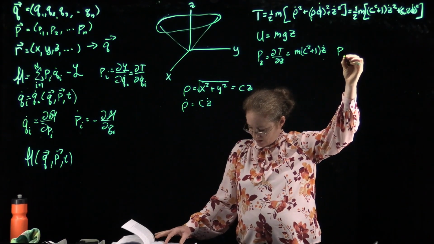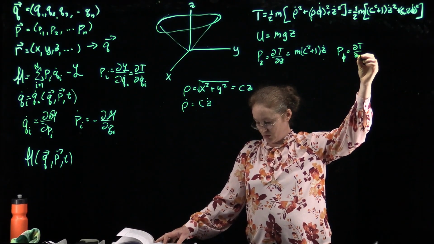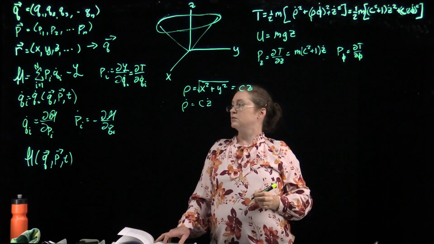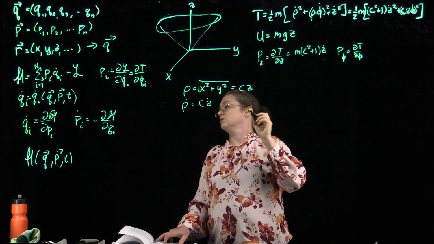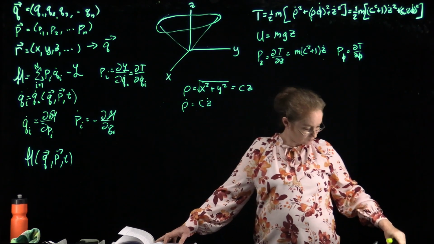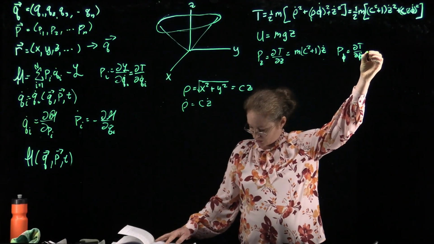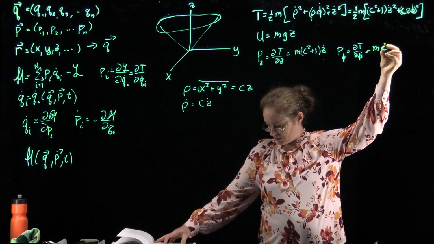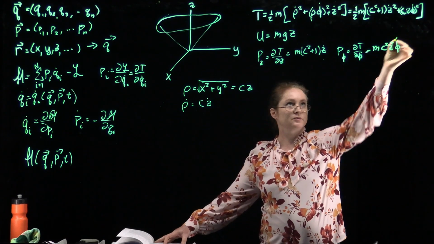P phi is partial t partial phi dot, which is m c squared z squared phi dot.